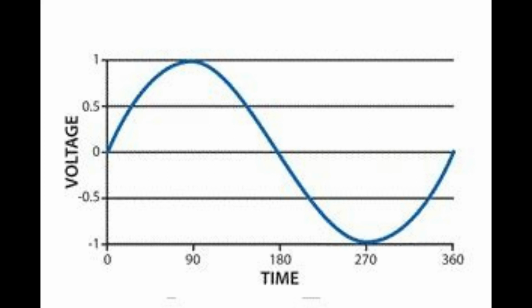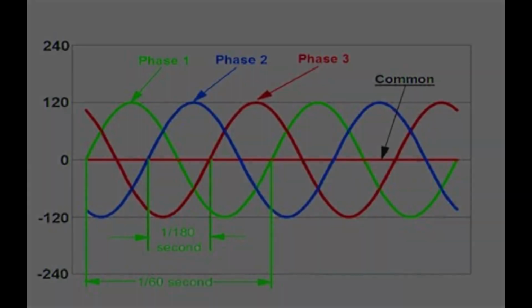I don't know the fundamental reason why there are these two frequencies. There is not much technical advantage between 50 or 60 because they are very close to each other. There may be some advantage if it is 50 Hz or 100 Hz, but between 50 and 60 I don't think there are many technical advantages. But there are two standards followed in the world, 50 Hz and 60 Hz.